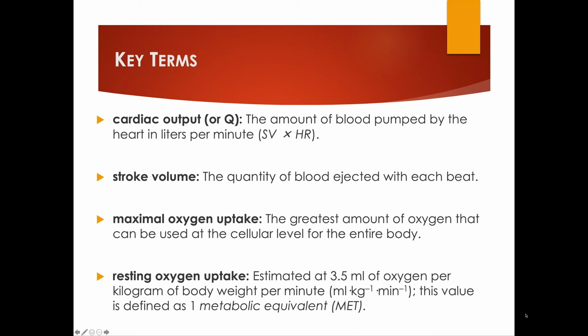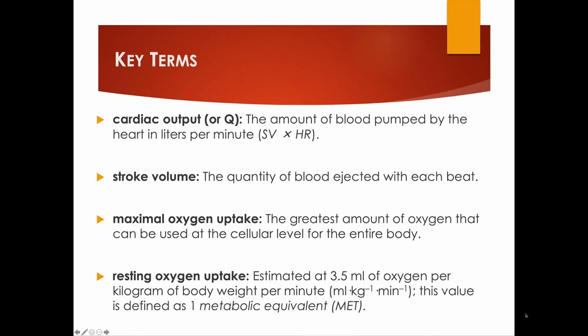The stronger the heart, the larger the heart, the better the heart can do its job, that is pumping blood. That means more blood ejected per beat, which then means that to maintain certain levels of cardiac output, the heart rate doesn't have to go up high to match those cardiac output demands. Because the stroke volume is higher, heart rate can be maintained a lot better.